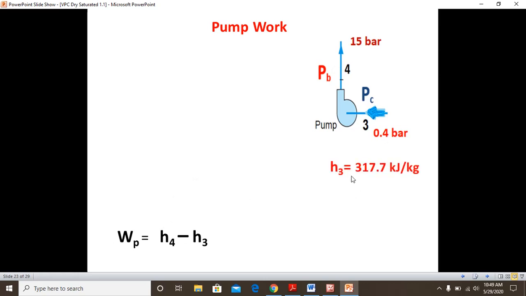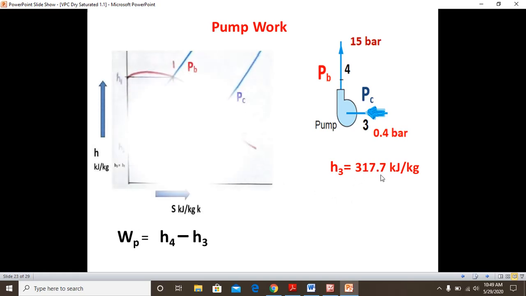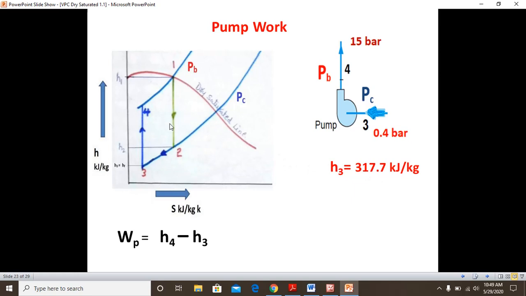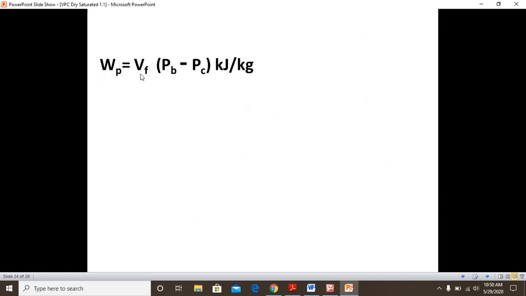Therefore H3 value you know, 317.7 kilojoules per kg, and then you have to go to the Ph diagram, 3 to 4, it is compressing, that is pumping from 3 to 4. Therefore pump work is equal to Vf (PB minus PC) kilojoules per kg.